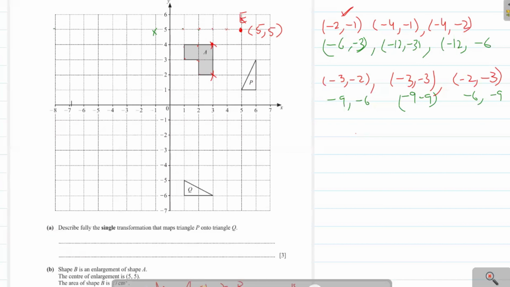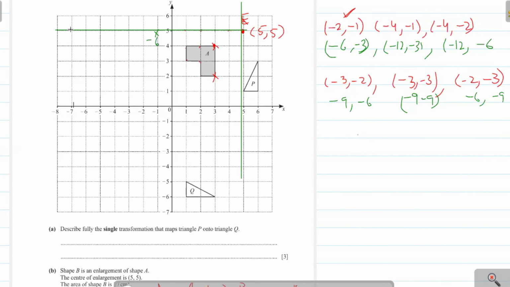You see here, firstly, we will mark these positions. We mark the point (-6, -3). Next is (-12, -3). Then (-12, -6).